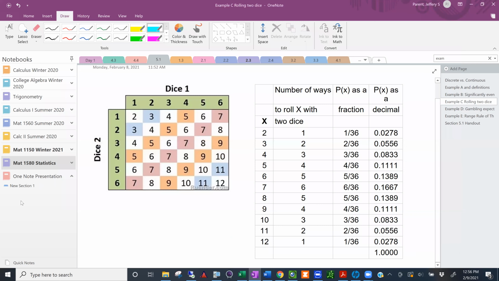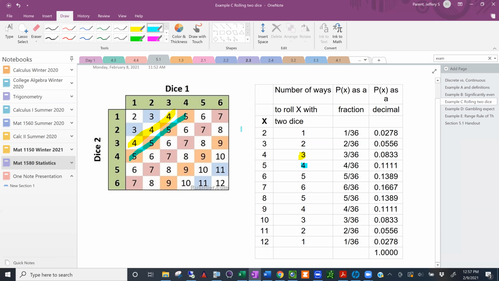Let's look at those probabilities. In particular, how many ways are there that I can roll a 4 out of those 36 possibilities? 3. And you can see it here. I like how they've done this. They have different colors. 3 different ways you can roll a 4, 4 different ways you can roll a 5, etc. And so the probabilities as fractions would be 3 out of 36, 4 out of 36 respectively.